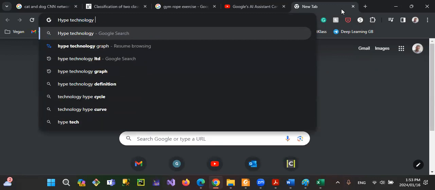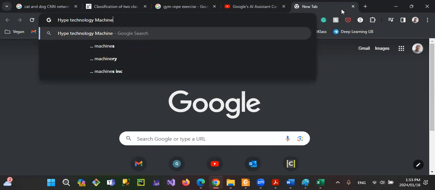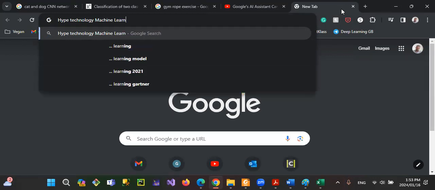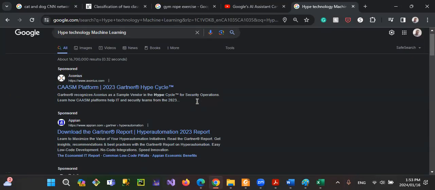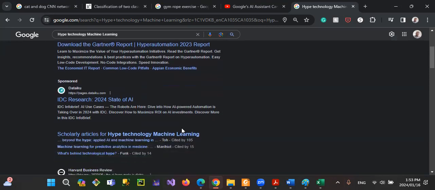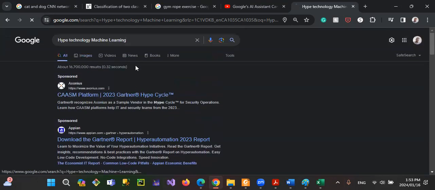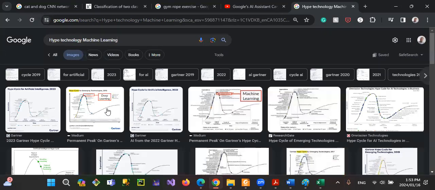Just say machine learning. It's going to show you something belonging to 2022. And there is a company that works specifically just on this. Let me just show you the images. Gartner, my bad.